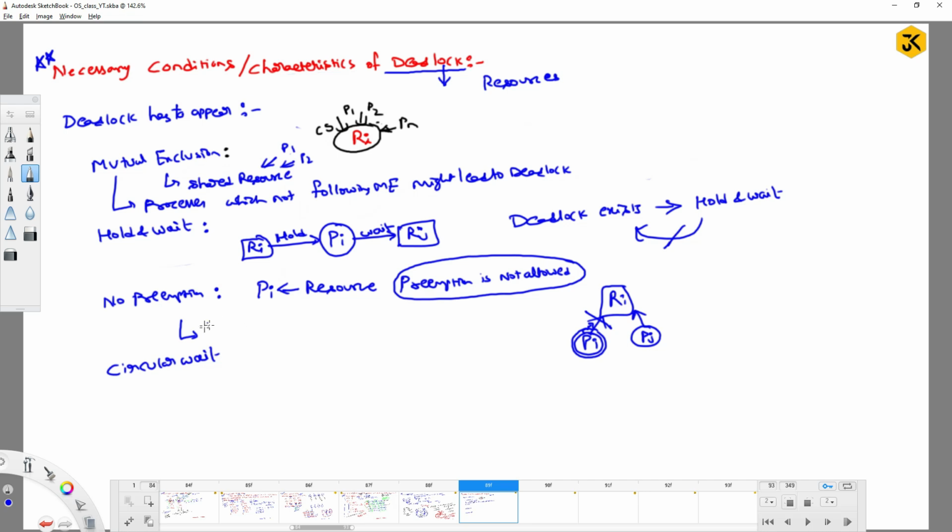Generally, a process has to release the resources voluntarily, right? How will it do that?